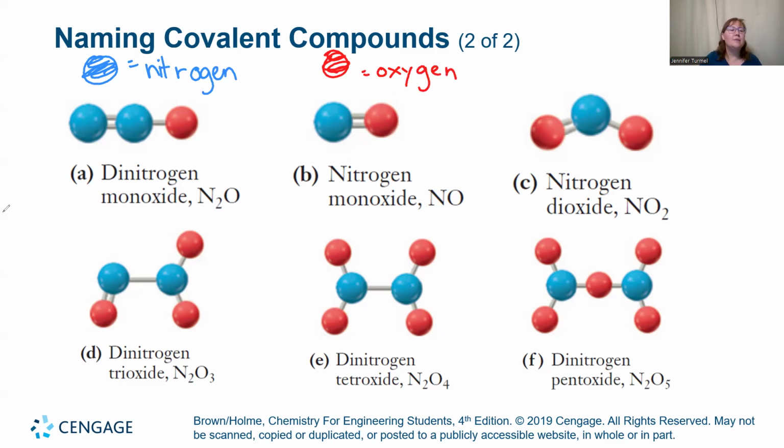So here you can see that you have 2 and 1. So N2O is dinitrogen monoxide. And here you have nitrogen monoxide for B. C is nitrogen dioxide. D is dinitrogen trioxide. E is dinitrogen tetroxide. And F is dinitrogen pentoxide. So that's how you would name these, as just a little bit more of an example here.